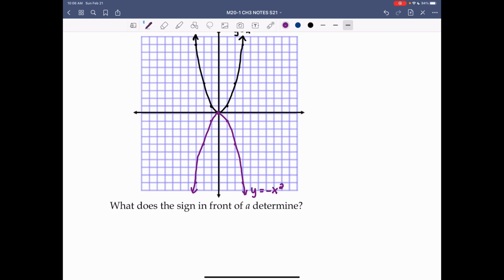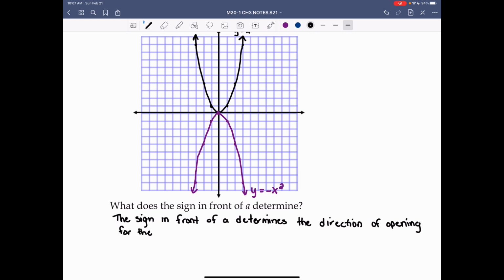What does the sign in front of a determine? As we've already talked about, the sign in front of a determines the direction of opening for the parabola.